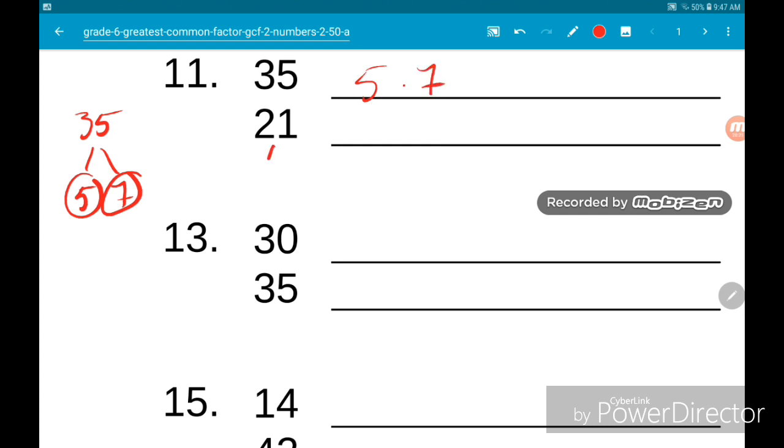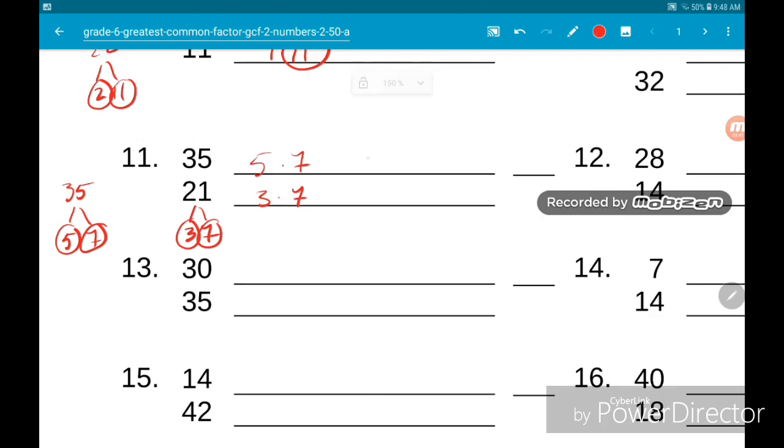Now 21 is 3 and 7, prime. So what do they have in common? The biggest, 7. So the greatest common factor is 7.